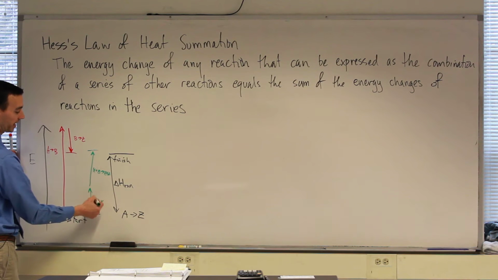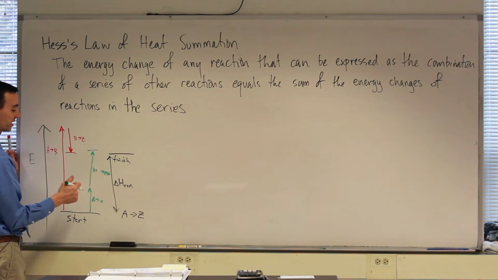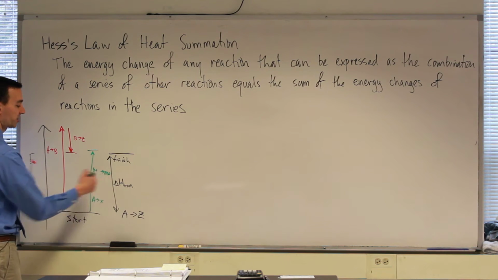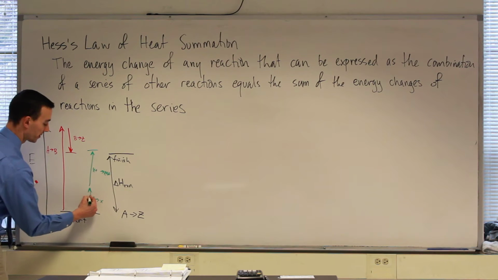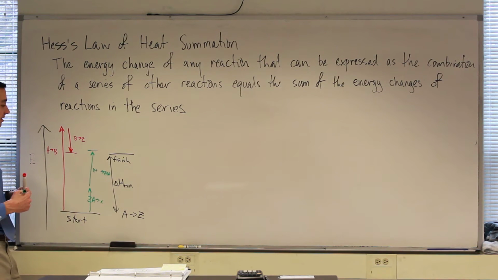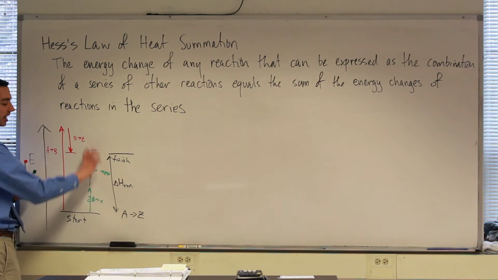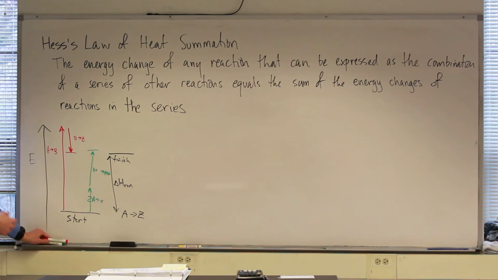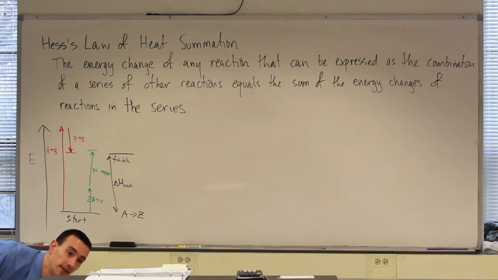The two A's would cancel out, the X's would cancel out, and we get A turning into Z that way as well. Or maybe it was two A's. That's what I needed there. So if we can express any reaction as the combination of other reactions, the total energy change of that combination is equal to the energy change that we're interested in.